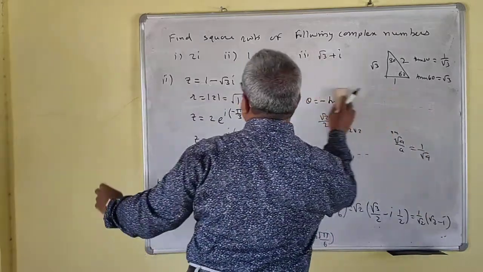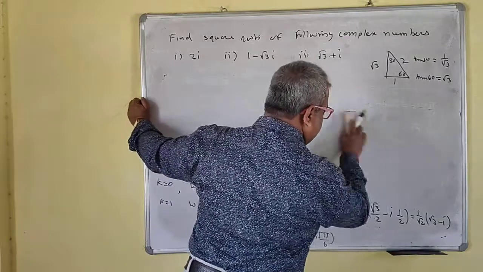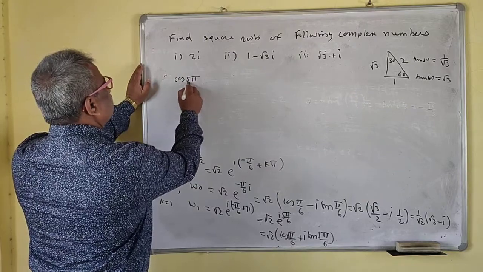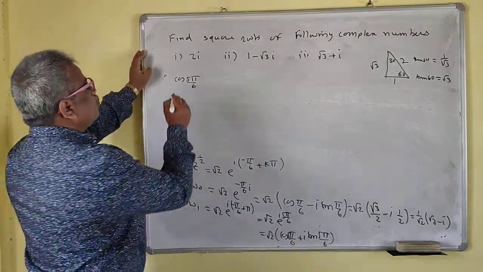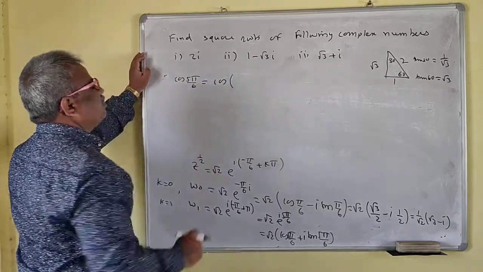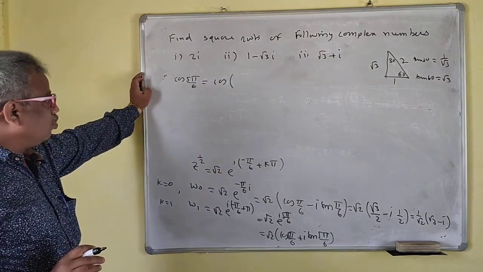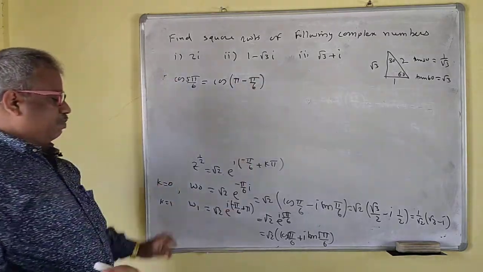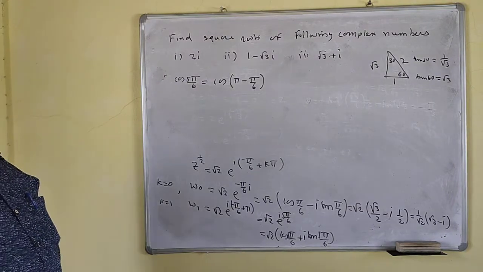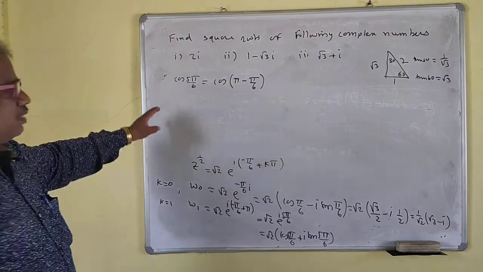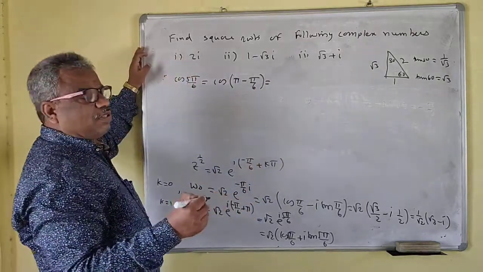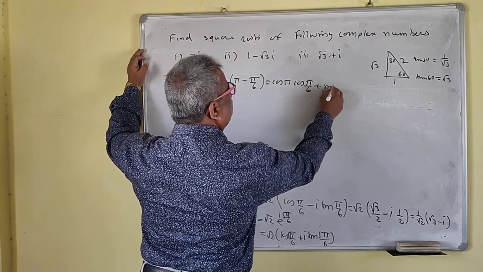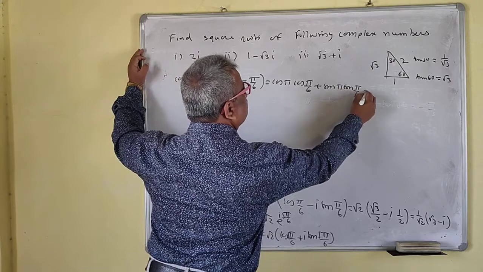Okay, so we need to find the value of cos 5 pi by 6. Express this in terms of values that are known to you. I can write this as pi minus pi by 6, so easily we can find the value of cos 5 pi by 6. Apply the formula for cos of alpha minus beta: cos pi cos pi by 6 plus sin pi sin pi by 6.